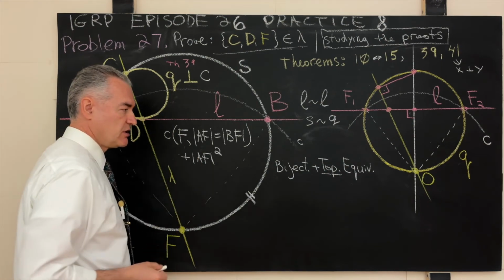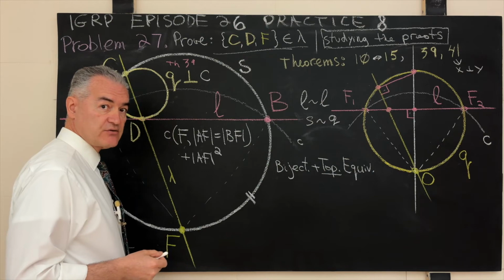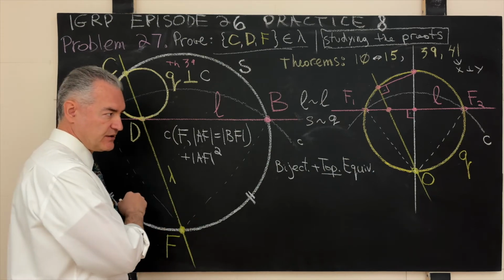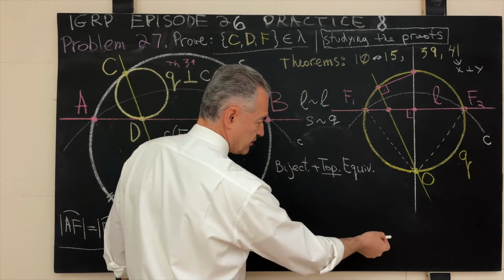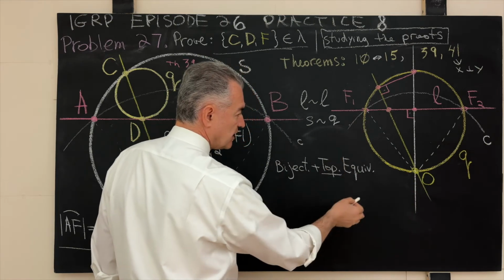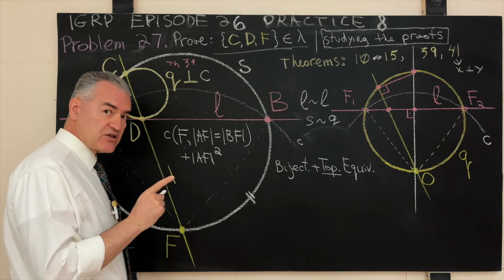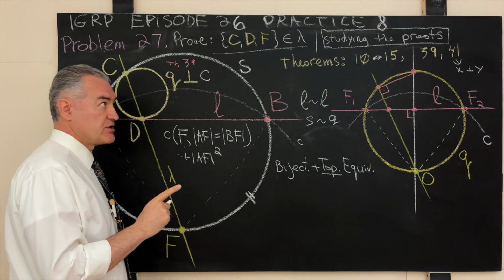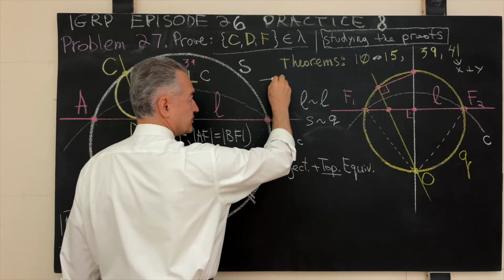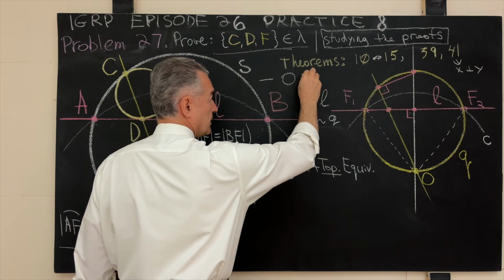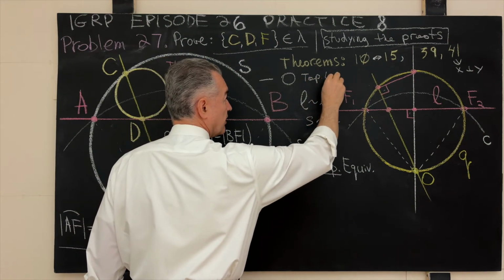Over the course of the proofs of the theorems, starting from theorem number 1, taking it all the way up to theorem, I forget, 30 something, we basically prove that topologically, straight lines and circles are equivalent.